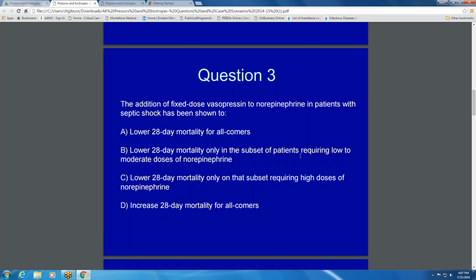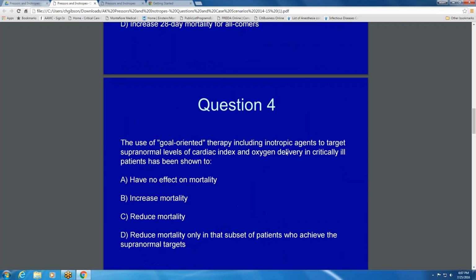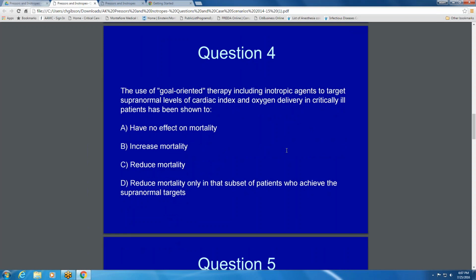So the thought was maybe it would be C. The VASST trial showed that it was B. It didn't lower overall mortality, but somehow, in this weird way, maybe did for the less sick patients. I don't know what to do about that, because we only give it to the more sick patients. I know. I'm sorry, science doesn't always provide convenient answers.